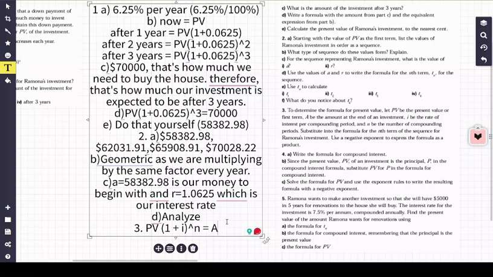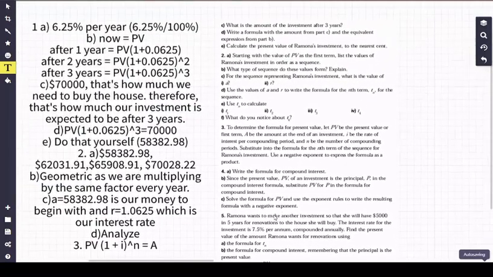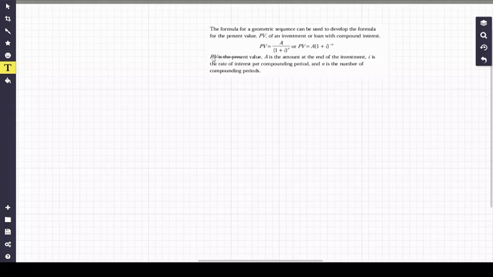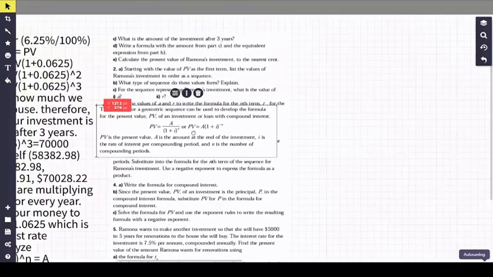Substitute into the formula and use a negative exponent to express the formula as a product. So you will have to use the nth term sequence formula. By the end of the day, this is what you're going to be getting. Sorry, this is what you are going to be getting.